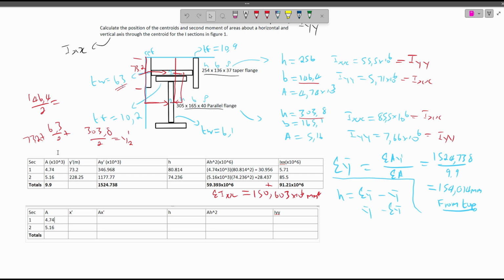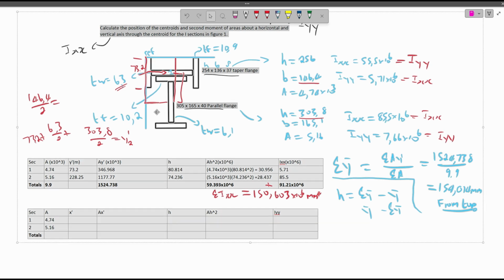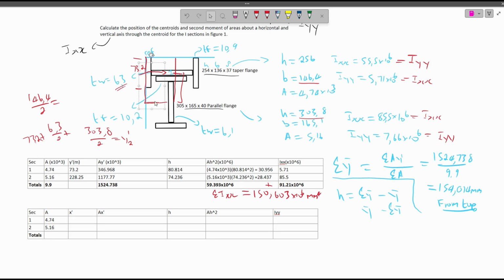So for this one, we are moving horizontally from this side, going that side.